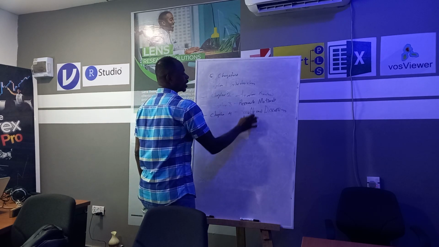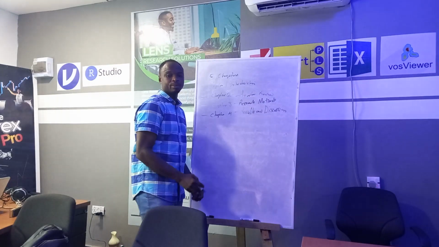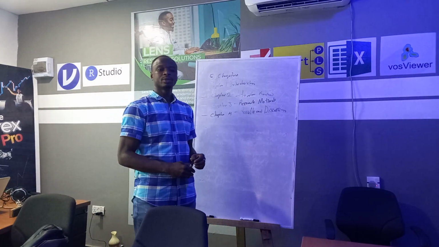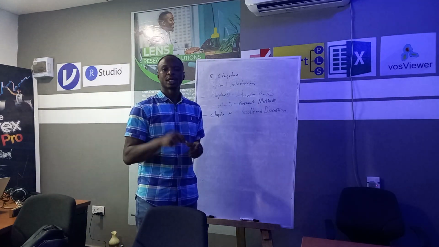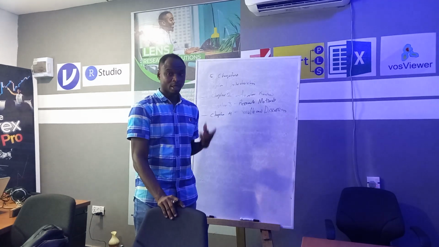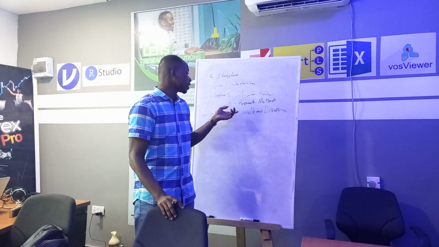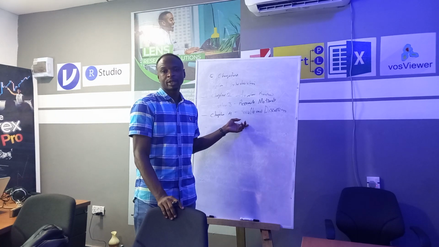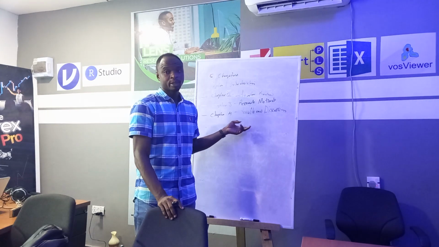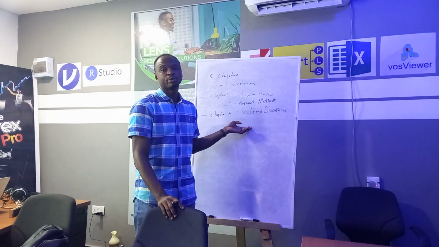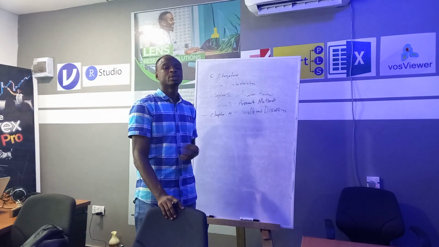But here, under PhD, it depends on the objectives, okay? Your results, you may report each objective as a chapter at PhD level. So objective 1 will be chapter 4, objective 2 will be chapter 5, objective 3 will be chapter 6, and maybe objective 4 will be chapter 7, before you go to the final chapter.